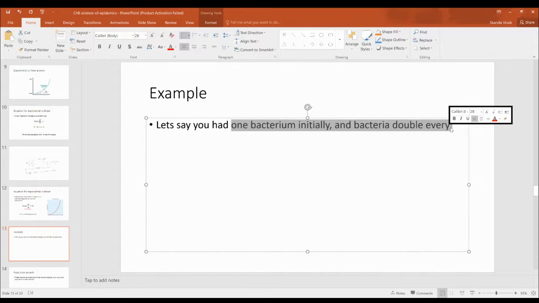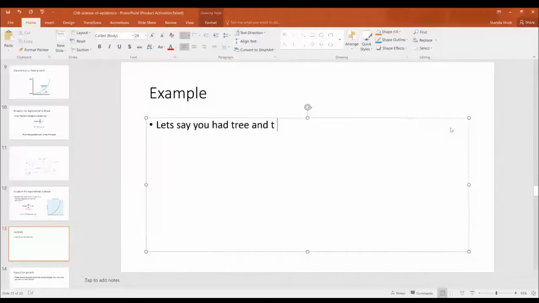So let's say you had a tree, and the tree grows exponentially. Initially, it is 1 millimeter.